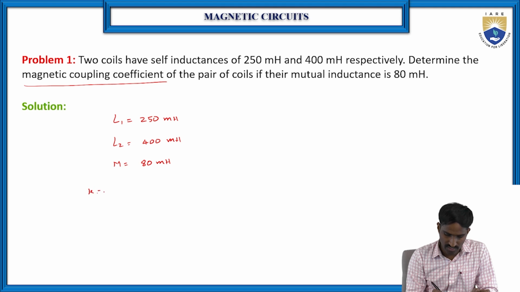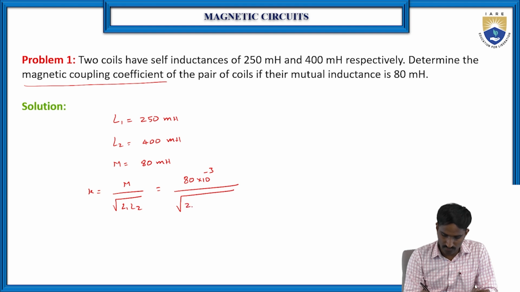As we know, K is equal to M by square root of L1 L2. So just substitute the values: 80 into 10 to the power of minus 3 henries by square root of 250 into 10 to the power of minus 3 into 400 into 10 to the power of minus 3.